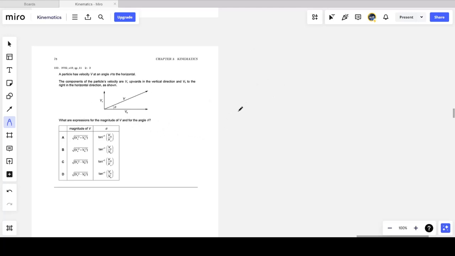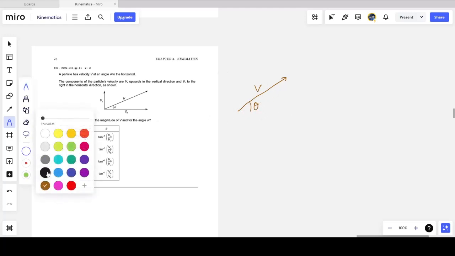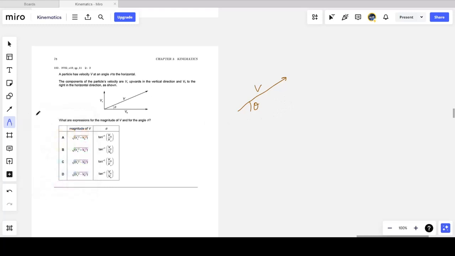Okay, so this also is not too bad of a question, but again, it does require an understanding of vectors, which can be very tricky. So this is my vector. I'm throwing an object at some angle theta to the horizontal, and I'm throwing it with some velocity v.